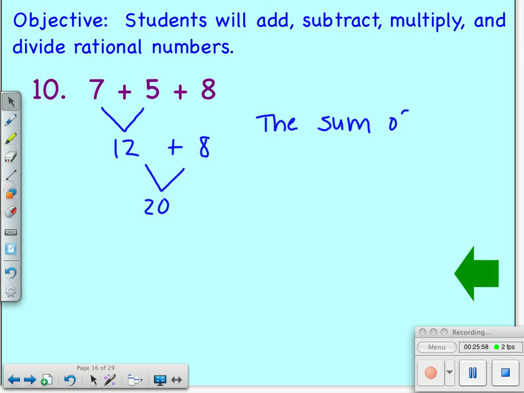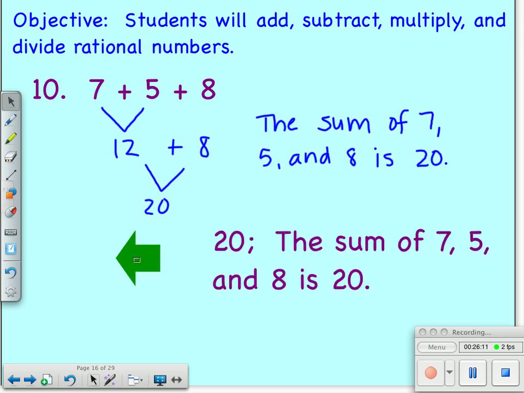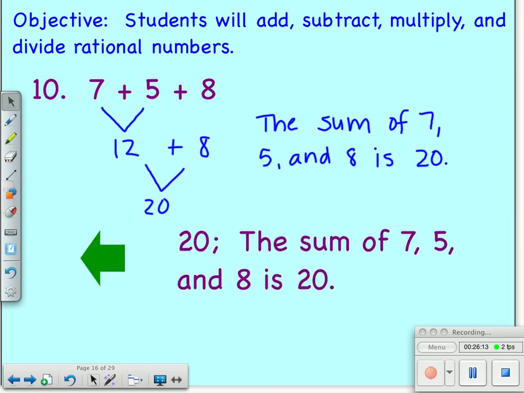The sum of 7, 5, and 8 is 20. Just because we've added another term, the approach has not changed. We're still doing the same thing, using the operation that we see to add, and then writing it in words, using the vocabulary for addition, sum.